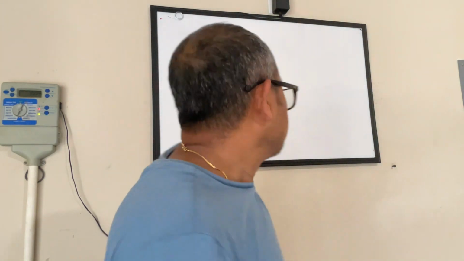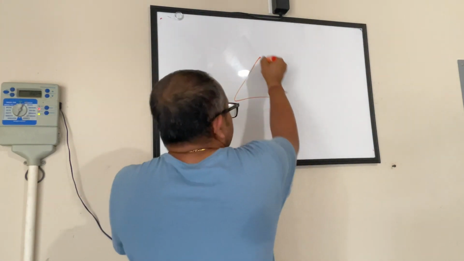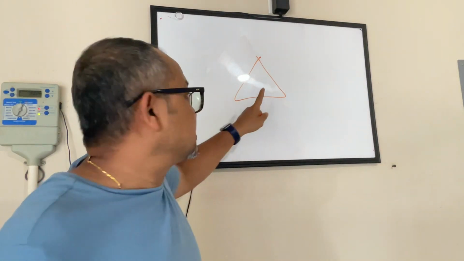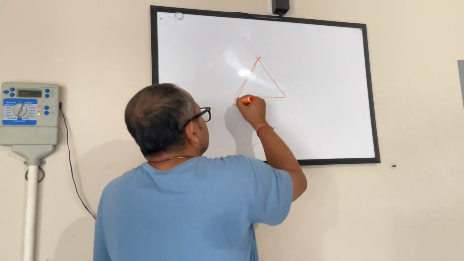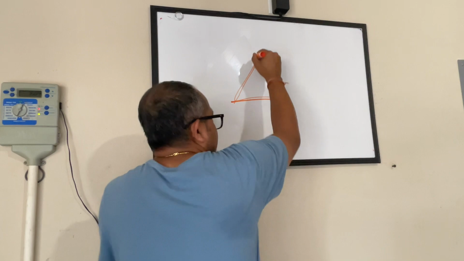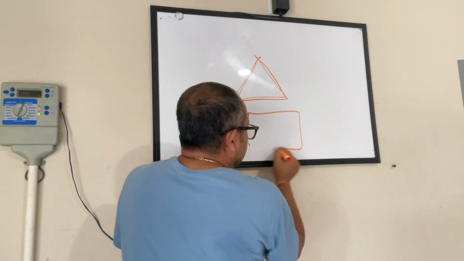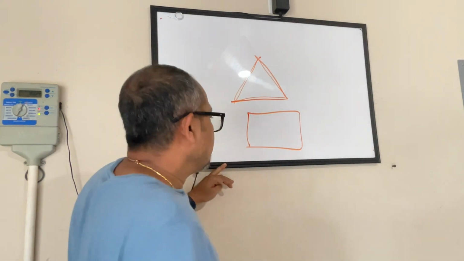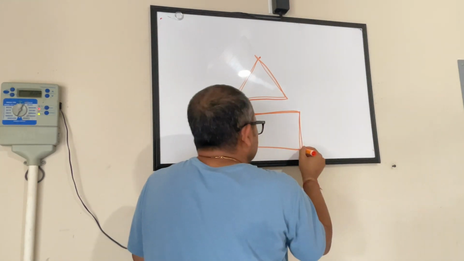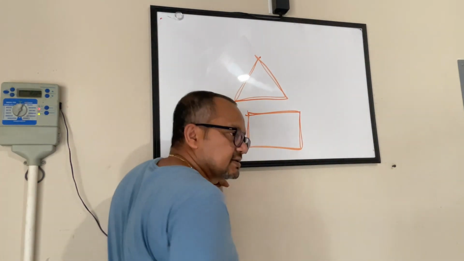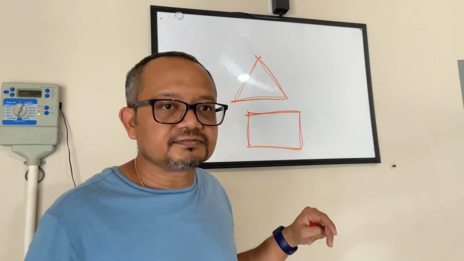So if this is my shape, a triangle, what is the perimeter of this guy? This plus this plus this. Yeah? If this is a rectangle, what is the perimeter of this guy? This plus this plus this plus this. Yeah?